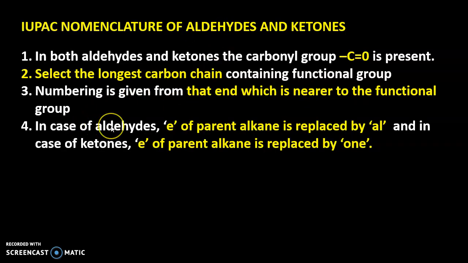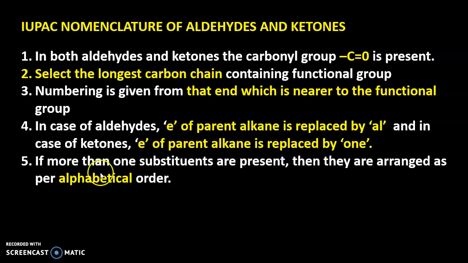Now in case of aldehyde, this is a very important rule. Remember, in case of aldehydes, the E of the parent alkane is replaced by AL, so alkane will become alkanal. In case of ketones, the E of the parent alkane is replaced by ONE, that means it will become alkanone.